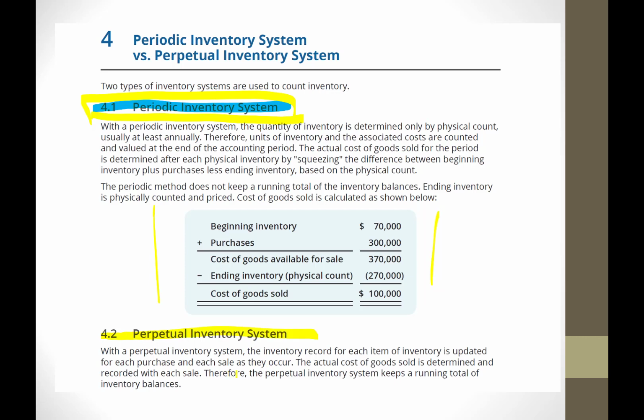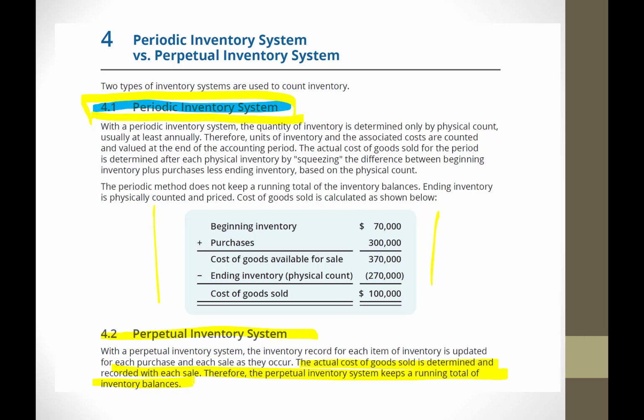We will keep a running total of our cost of goods sold after each sale, and we'll keep our inventory running balances. So every time we purchase inventory, we'll debit inventory, right? Credit accounts payable or whatever. Now, most companies these days, as I've mentioned, use the perpetual inventory system because of two major inventions.